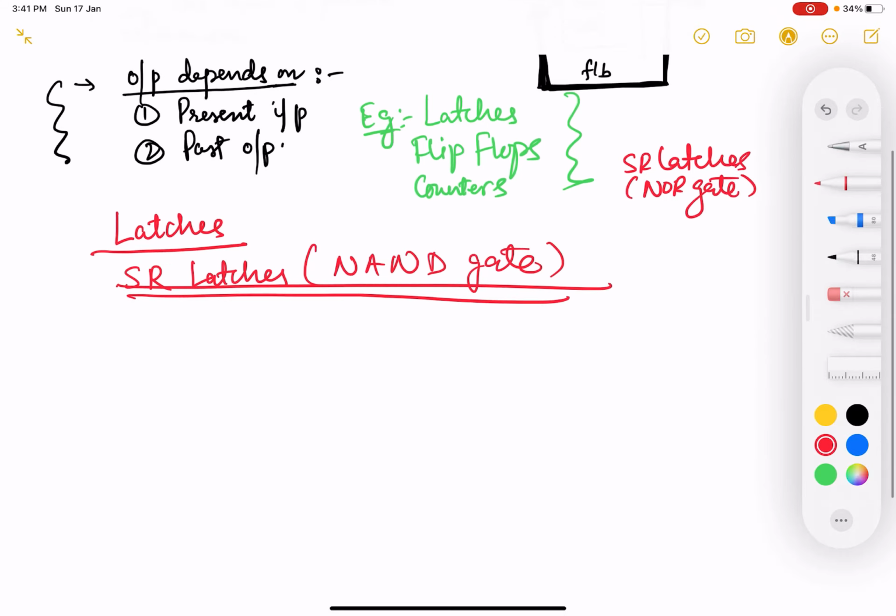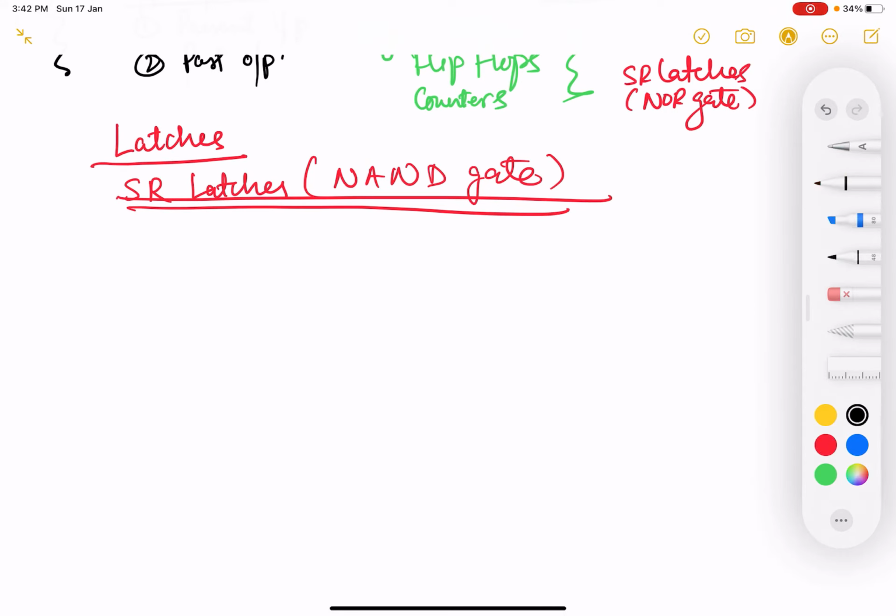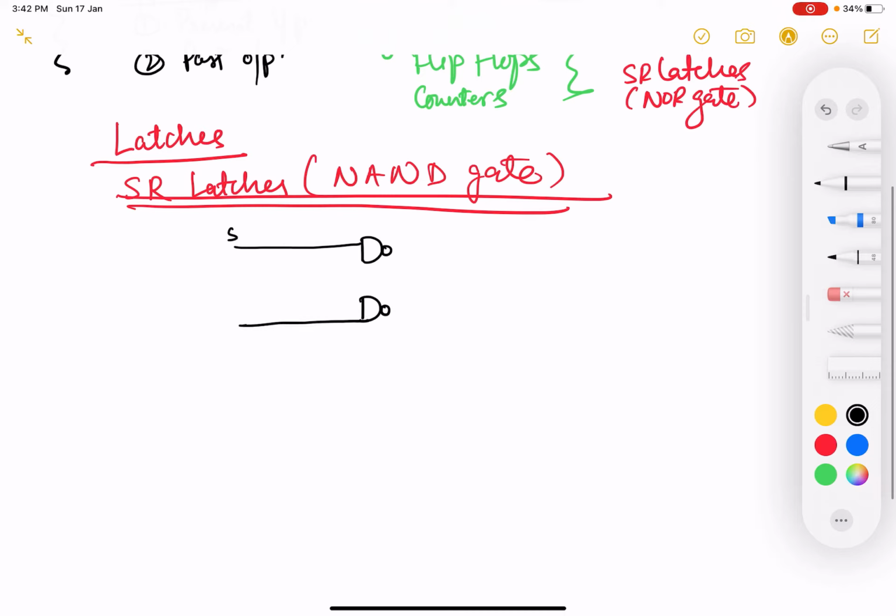So let's get started with the basic logic diagram of the SR latch. As the name suggests, we'll be having NAND gates. You have two NAND gates. You have input S and input R. Output is denoted by Q. Q bar is the complemented form of the output.